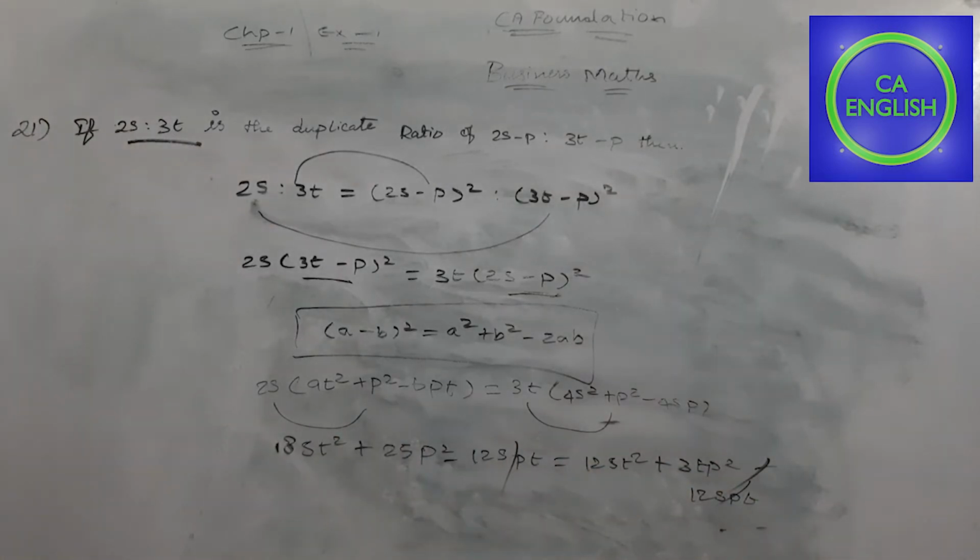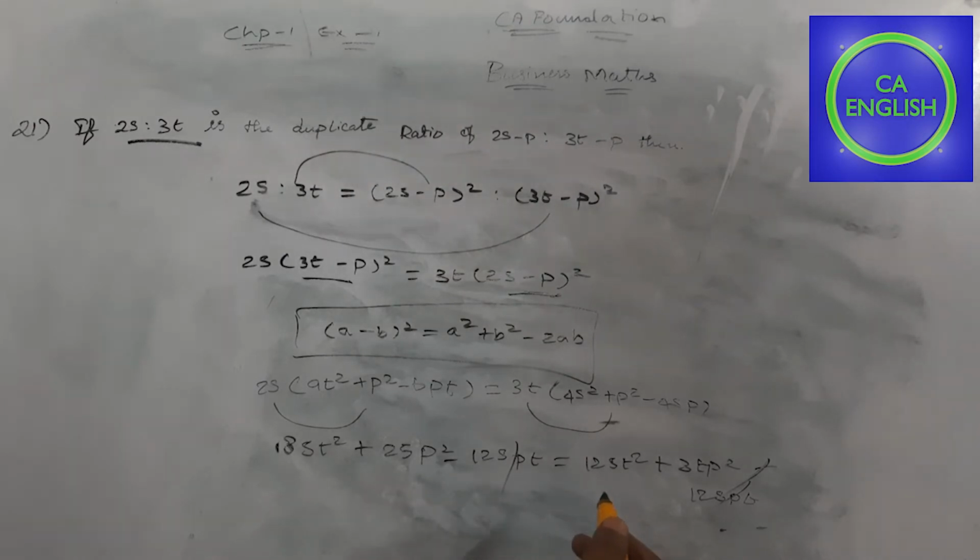Okay, if we cancel that one, next, wait a minute, I will rub the board and continue this sum because there is no space on our board. Now the balance terms are 18 st square and 12 st square, which are almost the same.